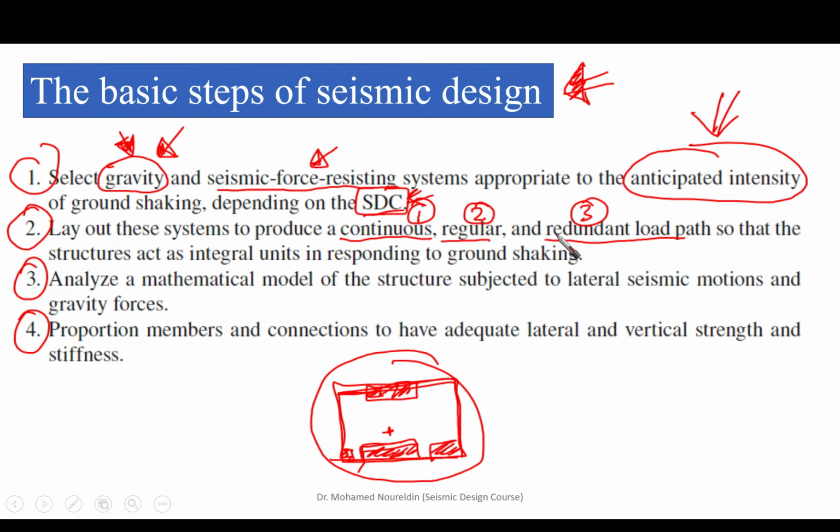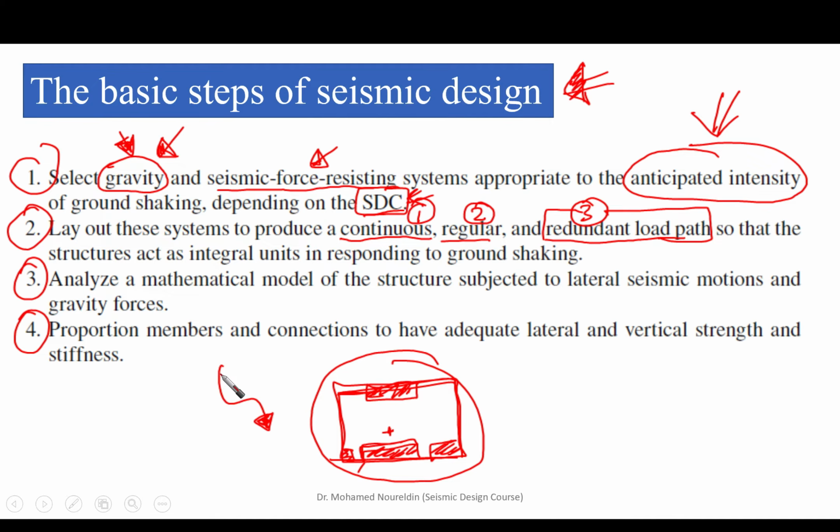The third one is redundant load path, so that the structures act as integral units in responding to ground shaking. What is the meaning of redundant? If you have taken the course of indeterminate structures, the more redundancy in the structure means the more alternative load paths for the load to go through in order to transmit the load from one element to another.